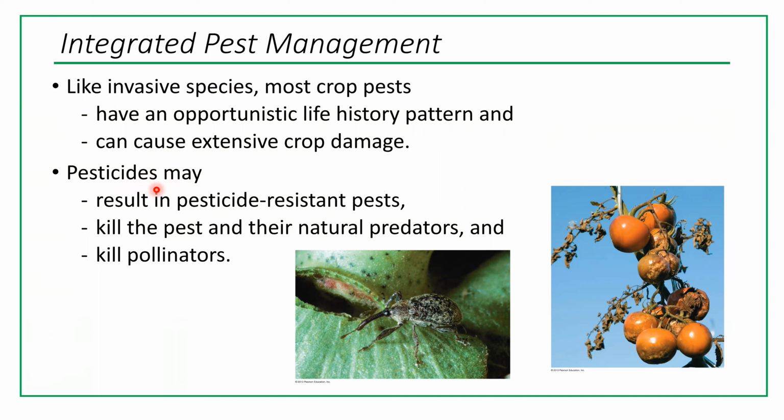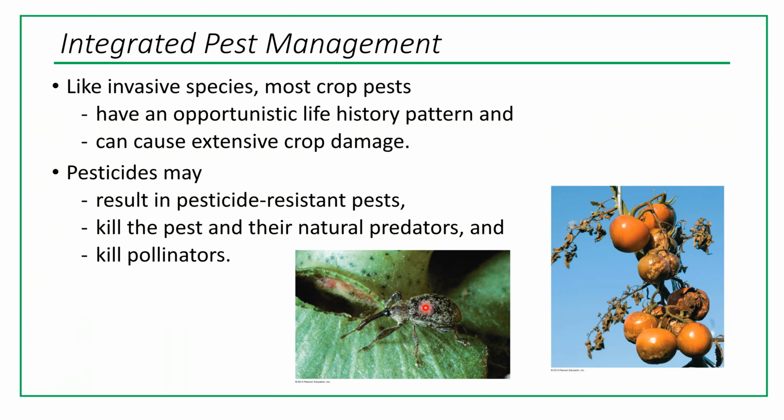Well, we can use pesticides. Pesticides are poisons that kill them, right? It results in you killing the pest, but there are always lots of side effects and other things happening.